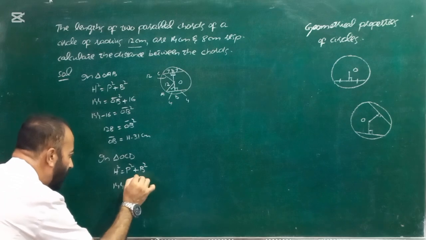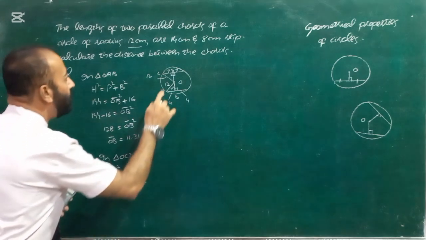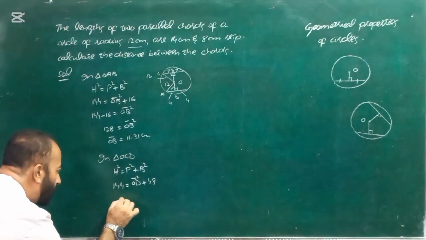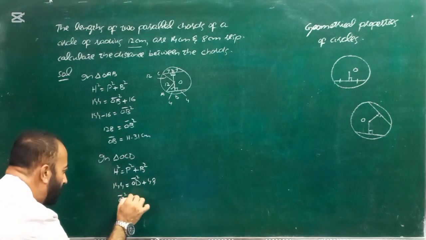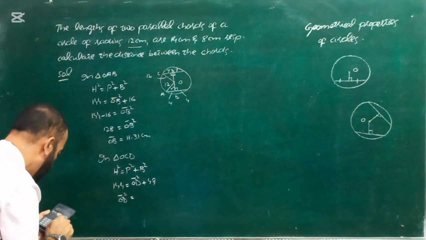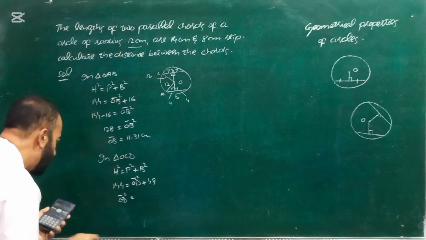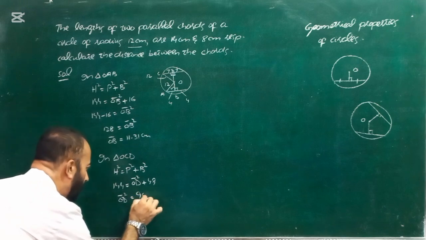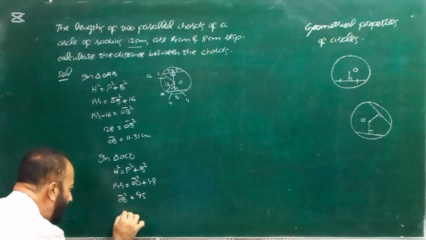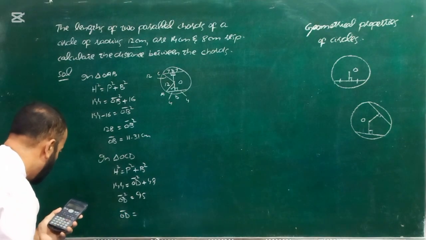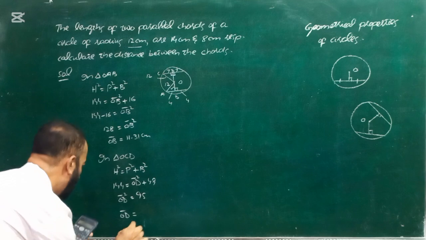So OD square is still there, plus base is 7, that is 49. So OD square will be equal to 144 minus 49. So 144 minus 49 is 95. Taking the square root of both sides, the square root of 95 is 9.75.